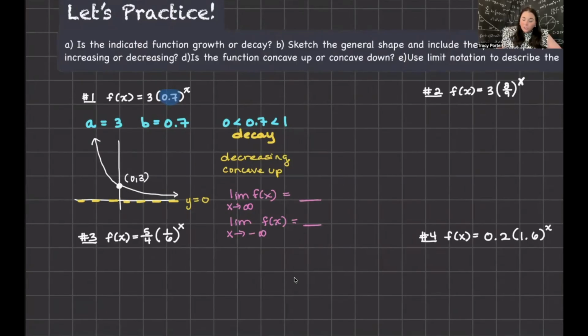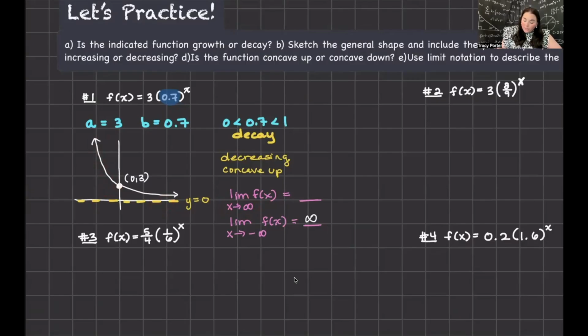So what is the function doing? Going to positive infinity on the x-axis means you're traveling this way, and going to negative infinity means you're traveling this way. So we're interested to see what the function is actually doing. Well, you can see as you go to the left, the function values are increasing infinitely. They're getting higher and higher and higher. So we're going to say that this is approaching positive infinity.